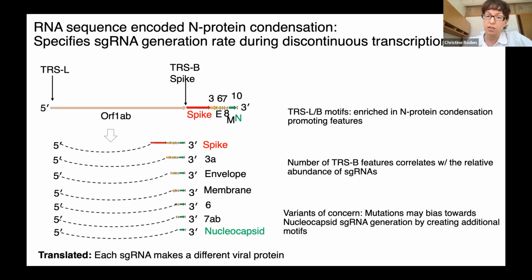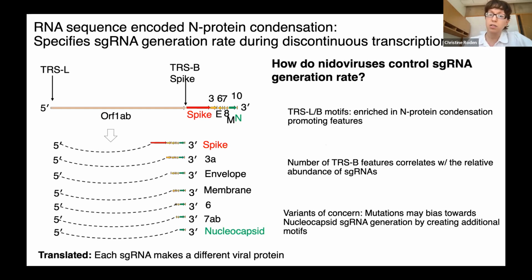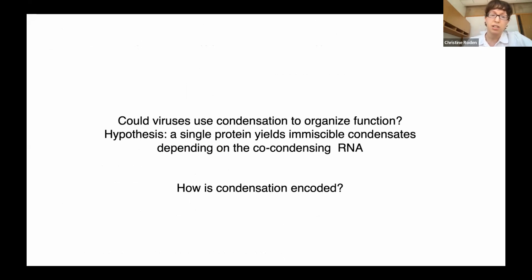And variants of concern encode mutations that may bias towards nucleocapsid sgRNA generation by creating additional motifs. And this goes a long way to explain how nidoviruses, which is the family which encompasses SARS-CoV-2, control sgRNA generation rates.